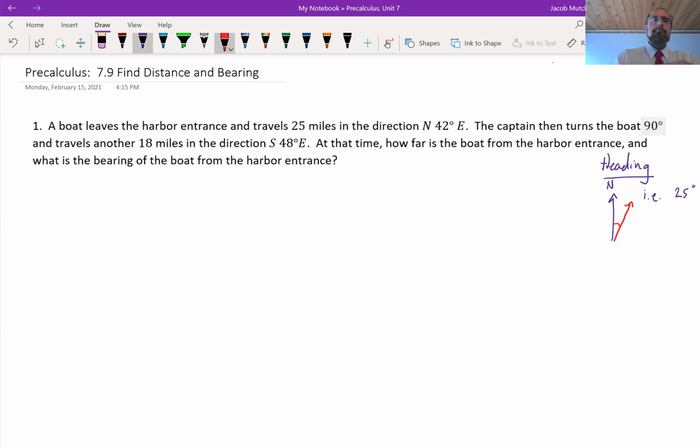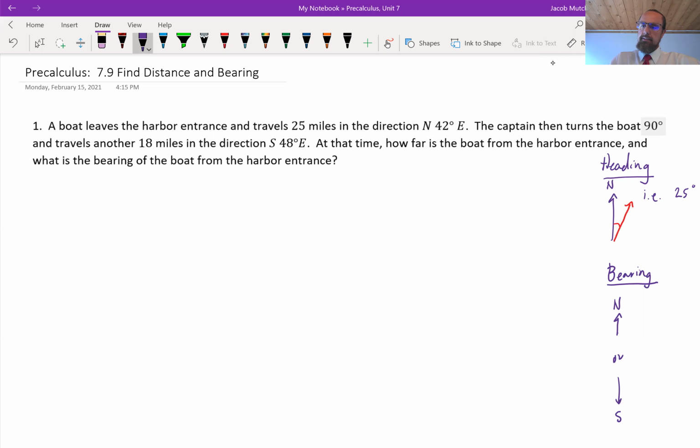So that's different from bearing. Bearing is more flexible. It's not tied to starting simply from due north. The way bearing starts is it's either from north or south, and from there, we can measure a certain degree either to the east or to the west.